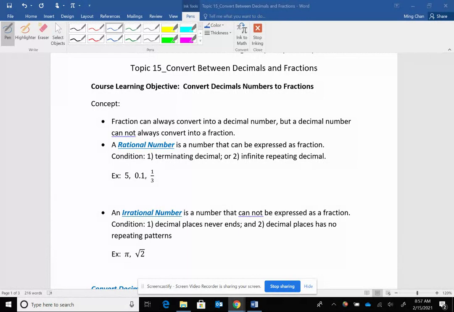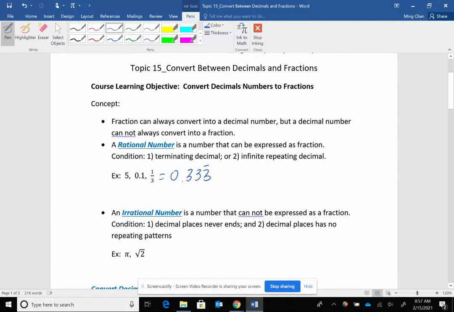A lot of the time when we associate the word rational numbers, we think of fractions. It is a fancier way of saying a fraction. If you have infinite repeating decimals, then those decimal numbers can also convert into a fraction. For example, 1 over 3 is the same as 0.33333 repeating threes.